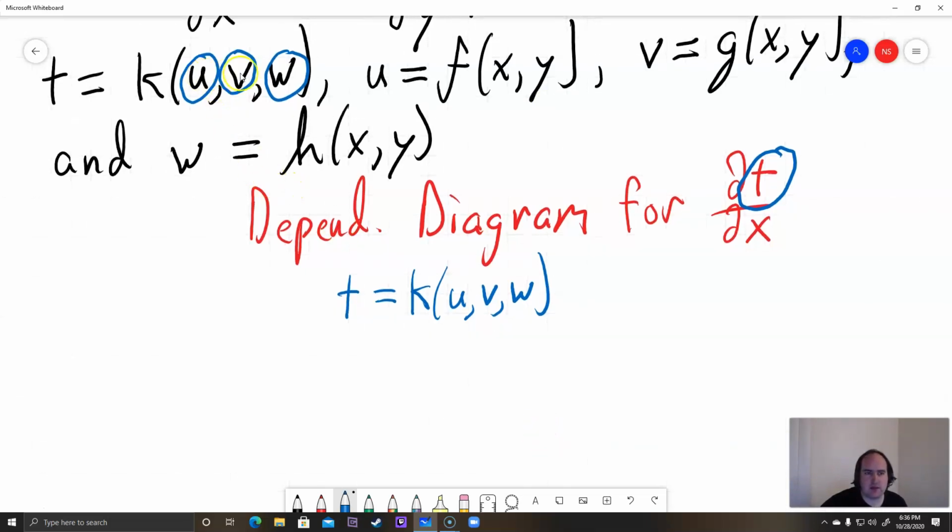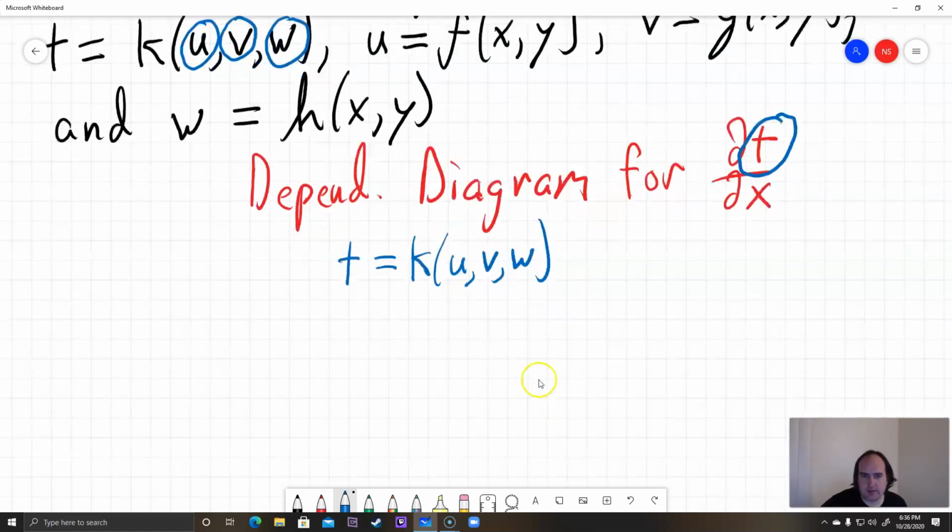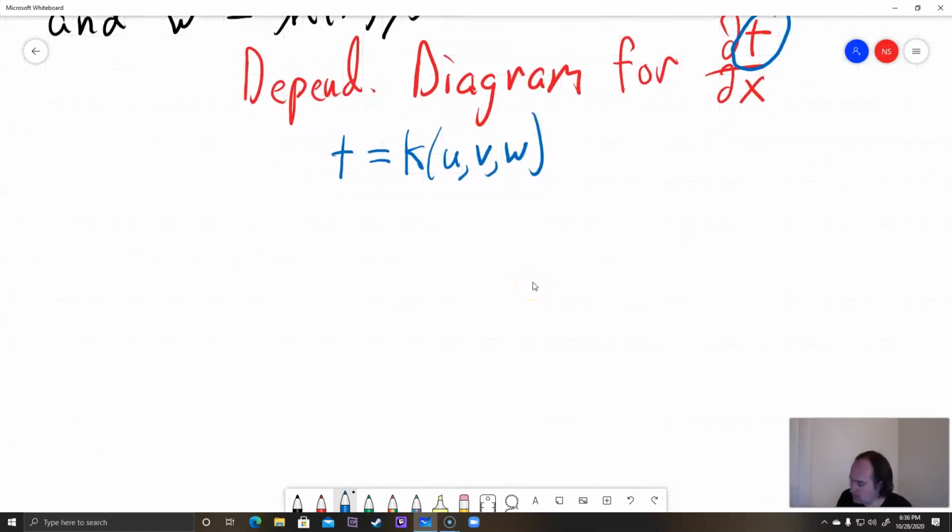But this is going to be 3 branches. Each branch is going to correspond to u, v, and w. Okay, so u is going to be the first branch, v is going to be the second branch, and w is the third branch.